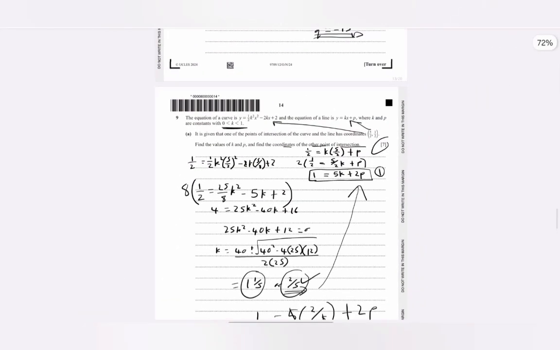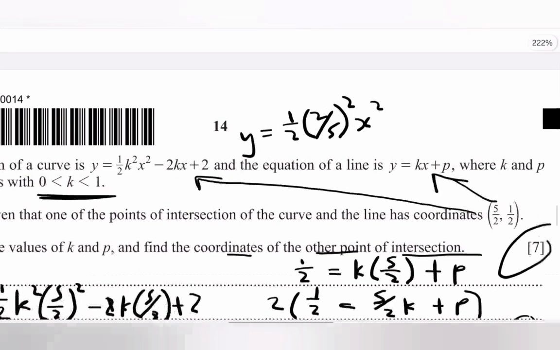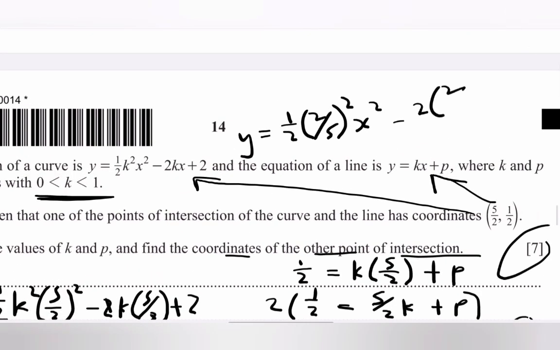And the other one, substituting k there, we have y being equal to a half times this squared x squared minus 2k, is 2 over 5, x plus 2. So that gives us 2 over 5 squared, that's 4 over 25.